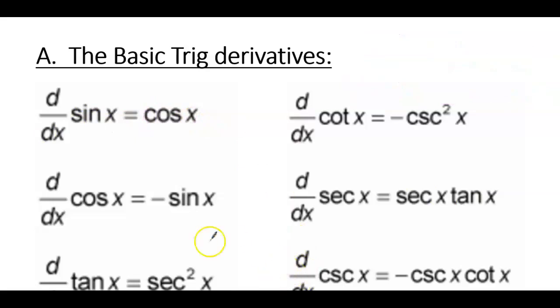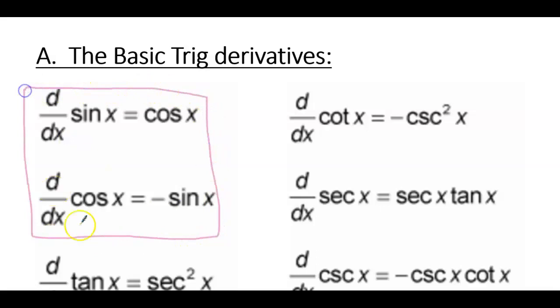They tell you the slope of the trig function. So what's the derivative of cosine? It's negative sine. So these kind of go together, don't they? The derivative of sine is cosine. The derivative of cosine is negative sine. All right, let's take a look at another one. The derivative of tangent is secant squared x.